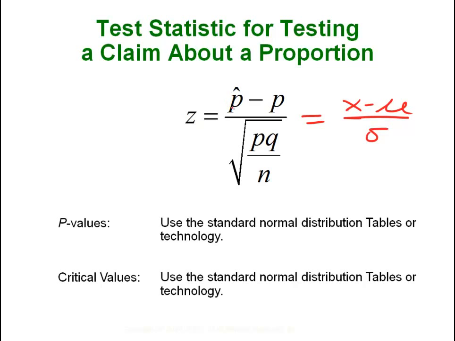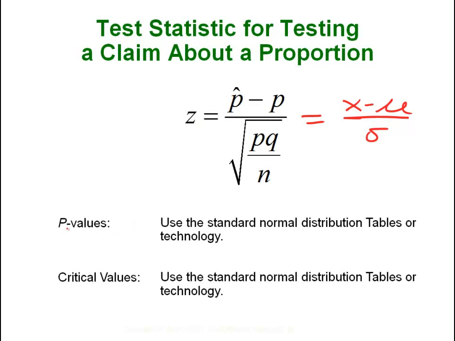So in this case we have p hat, a proportion of our sample, we're measuring it against the hypothesized proportion from the population, and then we divide by a standard deviation. Well, this is just the calculation for the standard deviation when we're dealing with proportions. So the overall form of our z-score is still the same.